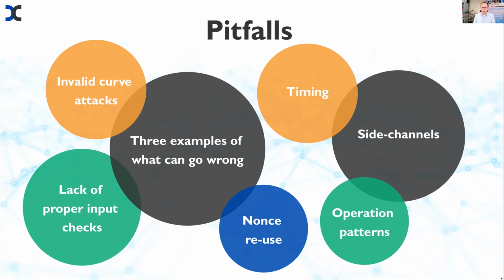So first we'll look at what these kinds of algorithmic failures that have been seen are, and then we speak a little bit about how the implementation itself can leak information through a so-called side channel and allow breaking the system.